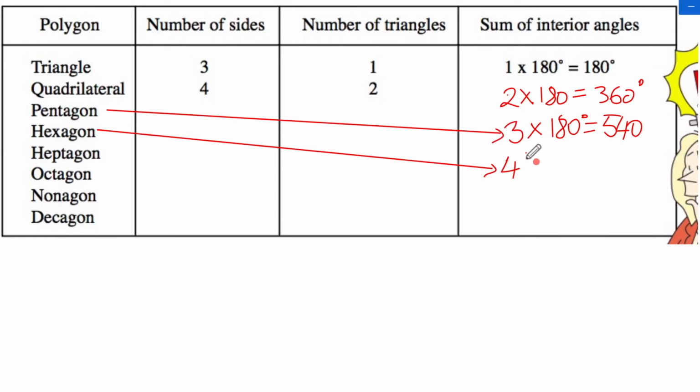There we go. And that's 4 multiplied by 180, so that's 720 degrees. And you can keep going like that. Okay, so that's how we find the interior angles of these polygons, and we use this very often. So we can pause the video and work on this for a bit.